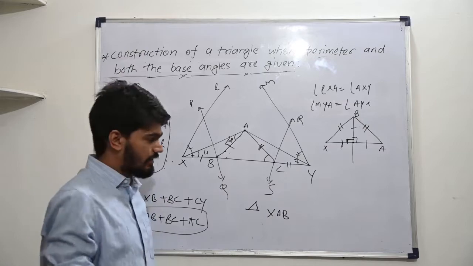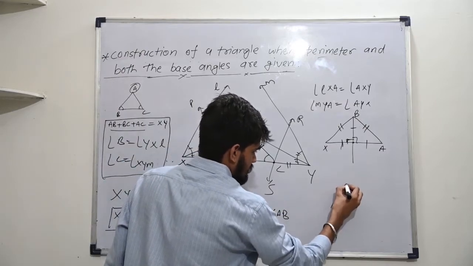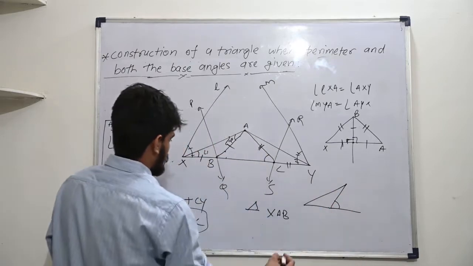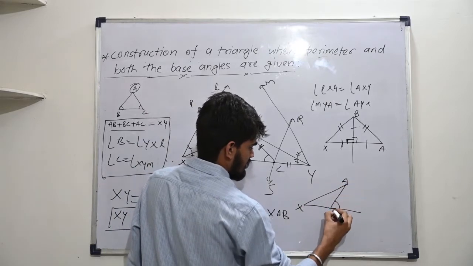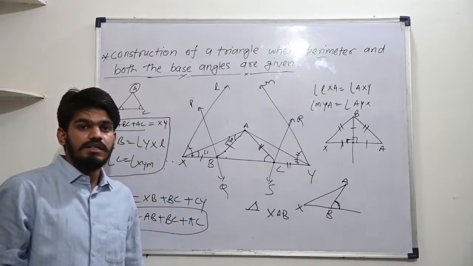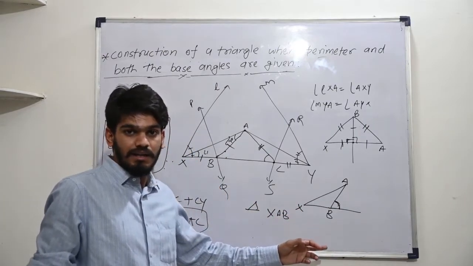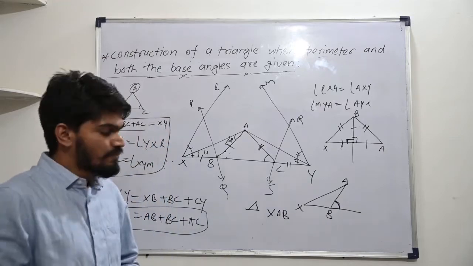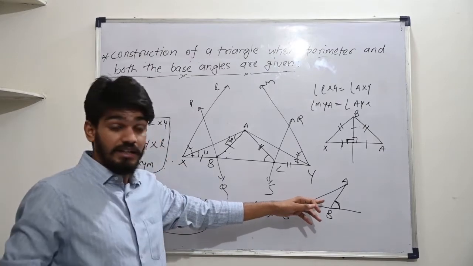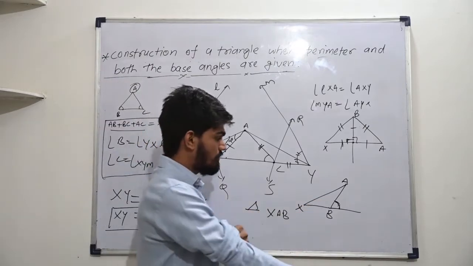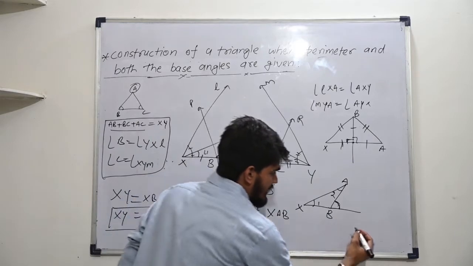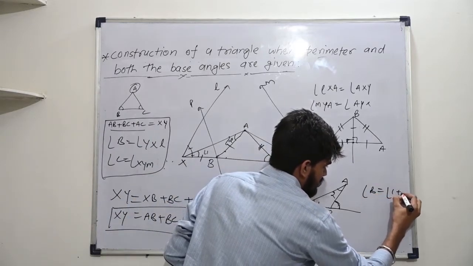And one interesting fact here. This is my given triangle XAB. So this angle is the external angle. Alright, and what is the property of the external angle? It is equal to the sum of the opposite interior angles. So if I call this angle 2 and this angle 1, then this angle B will be equal to angle 1 plus angle 2.